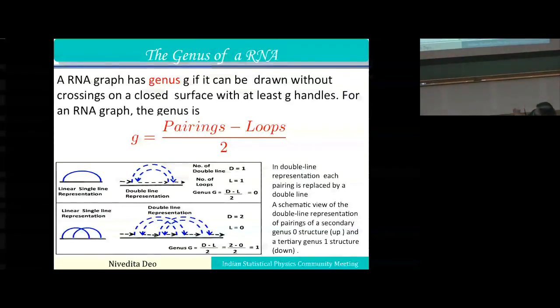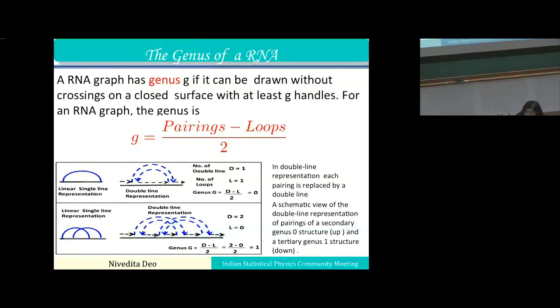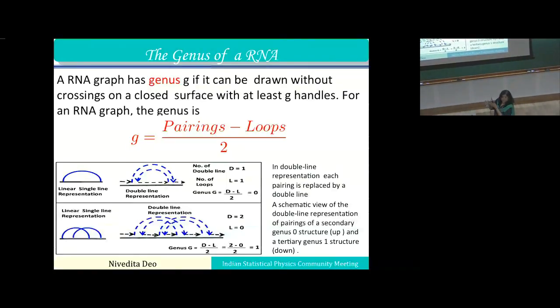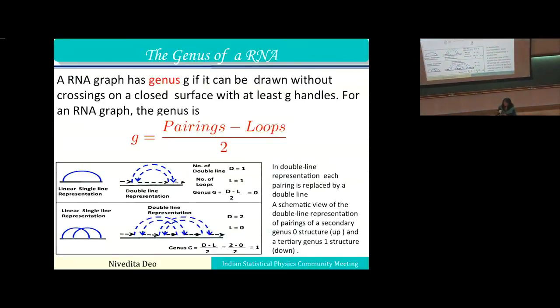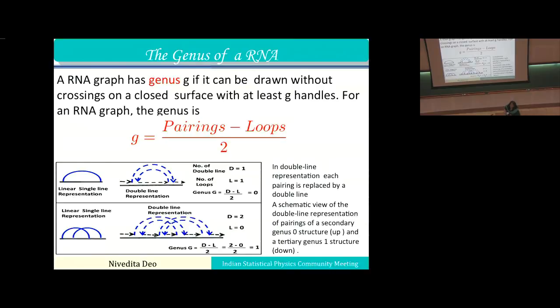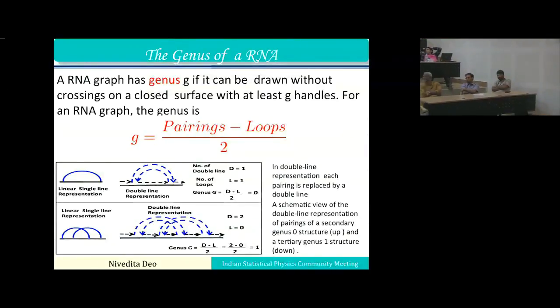You see that these two lines are not crossing, and if that was all that the RNA would be, then it would be a genus 0 surface. But because of this line crossing, I have to have something else so that it doesn't cross, and that's why I have to go to the genus 1 surface.